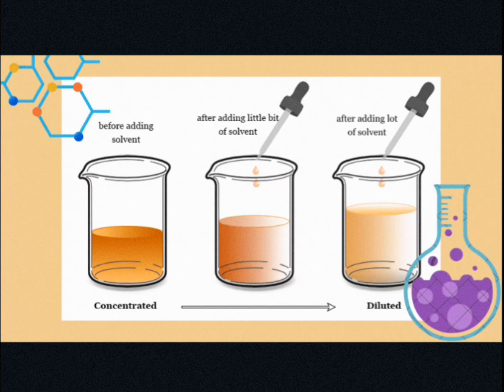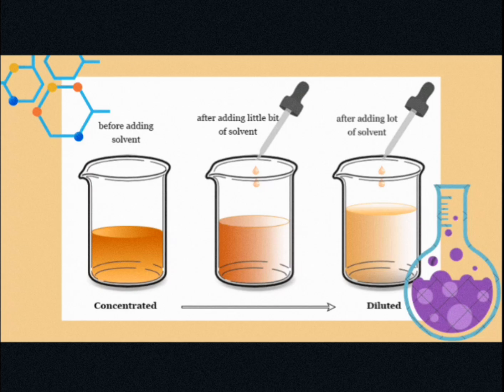So as you can see, here is an example of three different kinds of solution. First is the concentrated, second is the less concentrated, and the third is the diluted. A concentrated solution is one that has a relatively large amount of dissolved solute.